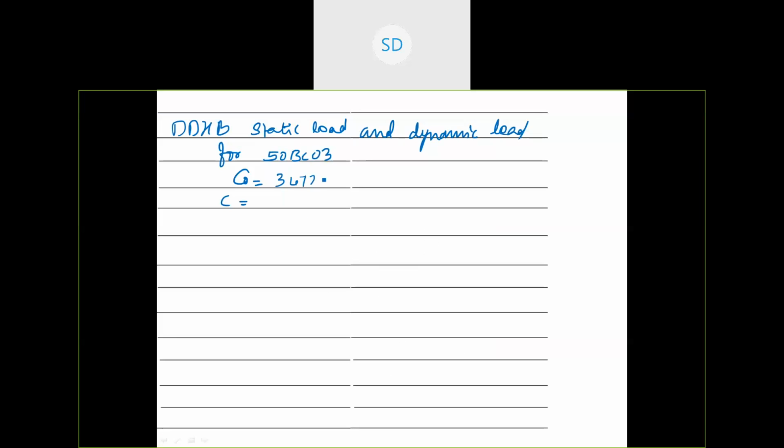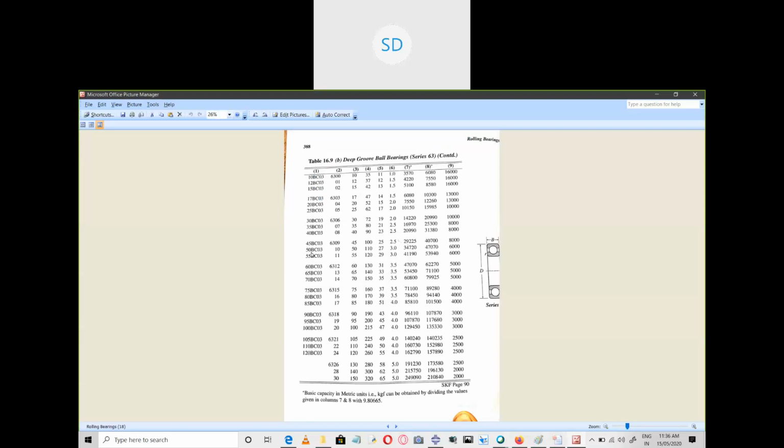C is 47070. Is it right? Here 34720, 47070. Okay.